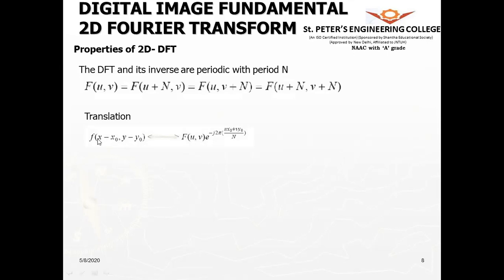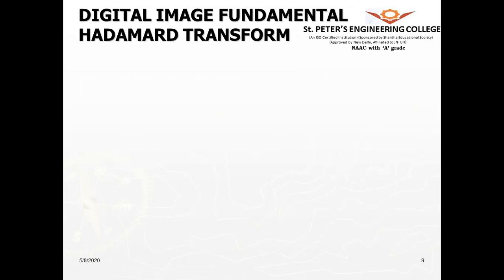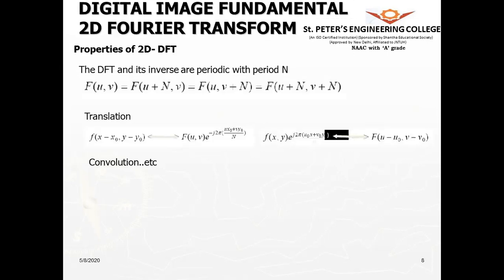So small f of x minus x naught comma y minus y naught, the spatial domain shift or translation, results in an exponential term in the frequency domain. Similarly, a shift in the frequency domain results in an exponential term in the spatial domain. And we know the convolution as well. All the properties you would have studied about the 1D Fourier transform will also hold good in this case.